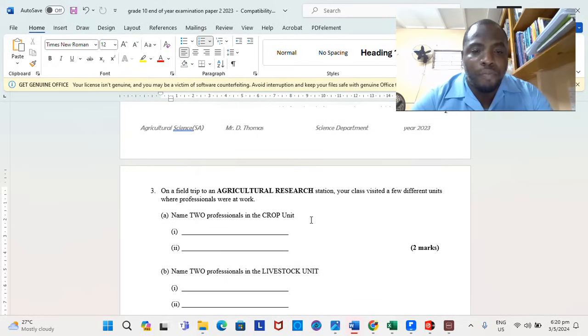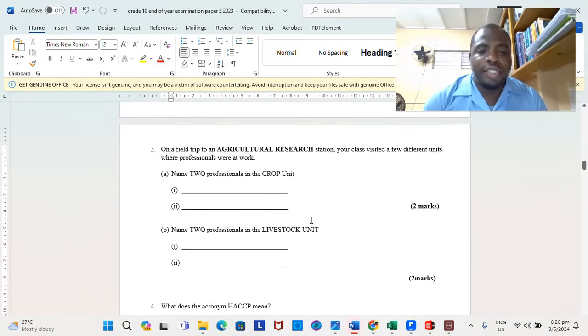So in terms of crop production, you could have a soil scientist present, and they deal with the soil, the physical and the chemical properties of the soil. We have agronomists. You could have a horticulturist. These are just some examples of the professionals that you'll see at the crop unit.